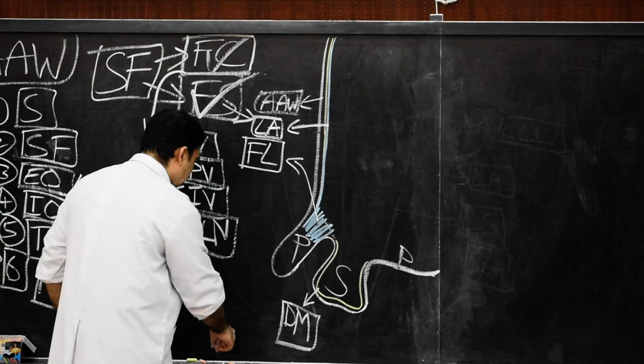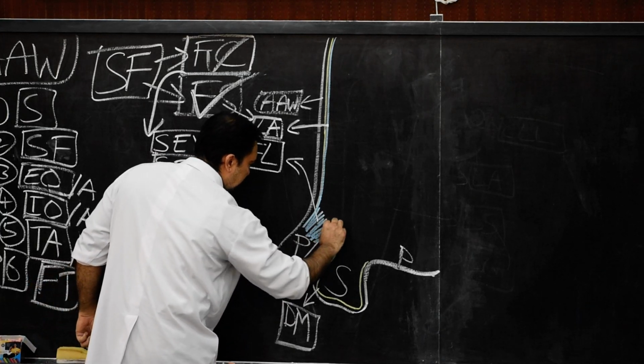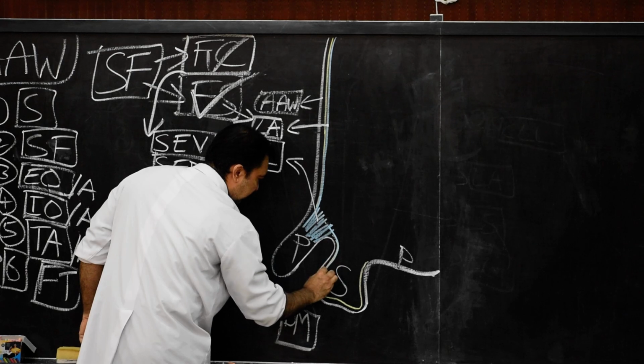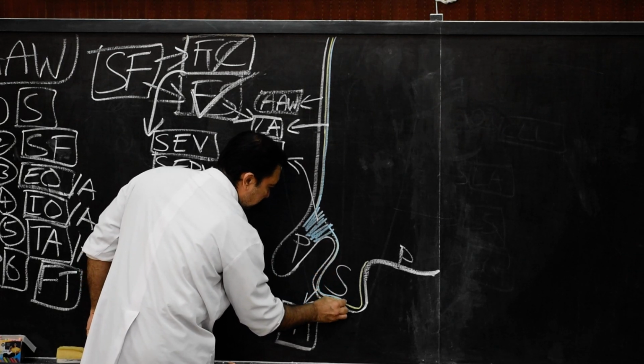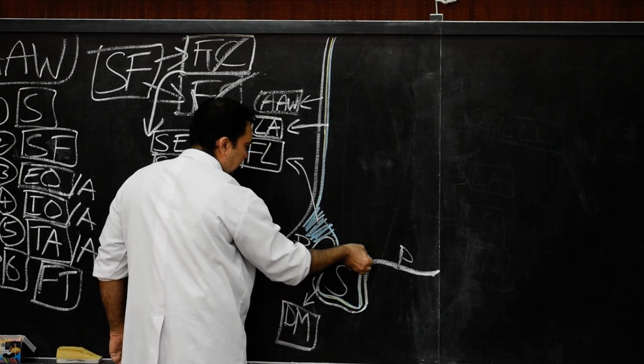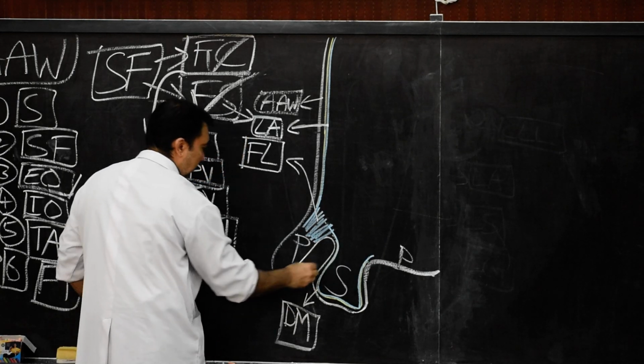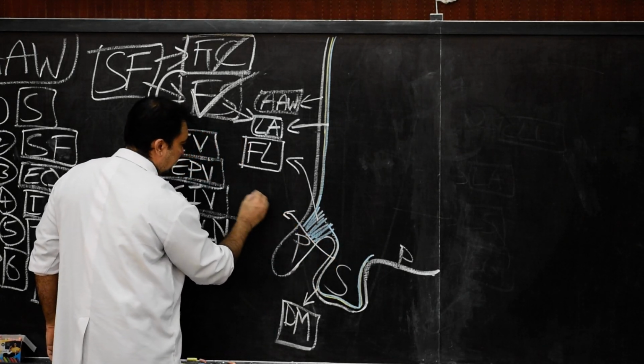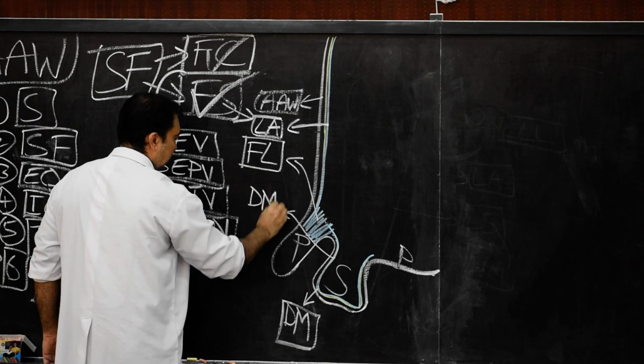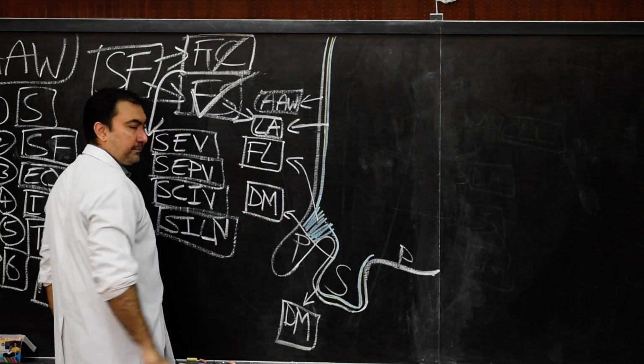Then it will continue with the dartos muscle of the scrotum. This is the third point, and here we will write dartos muscle of the scrotum.